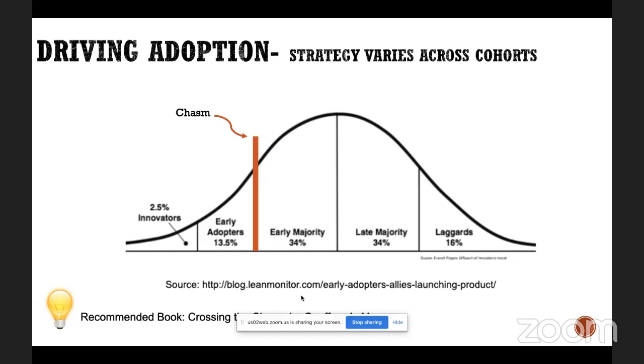But on the other hand, for innovators and early adopters, maybe throwing in some discounts or some freemium in the beginning might be a possible strategy to drive adoption and quickly get them on board.